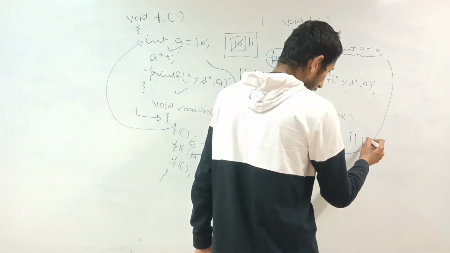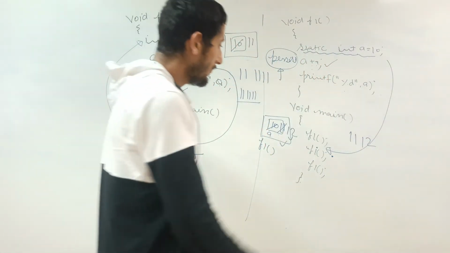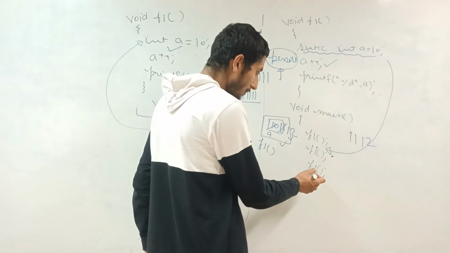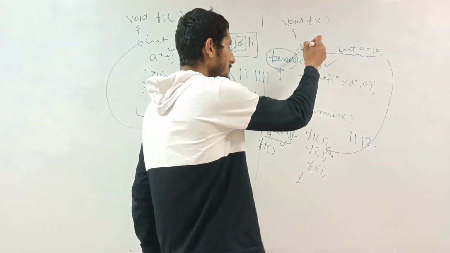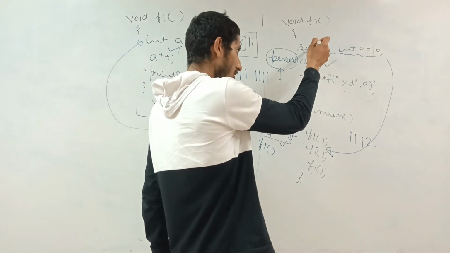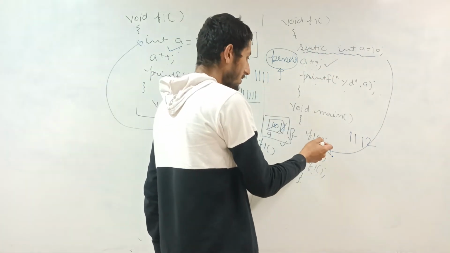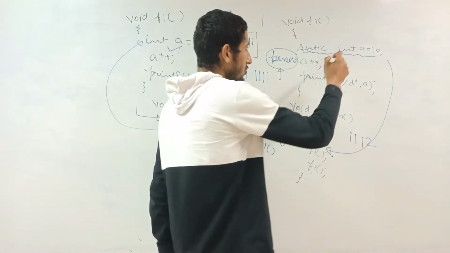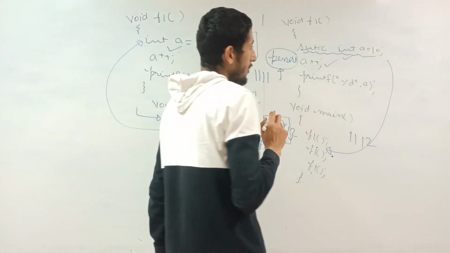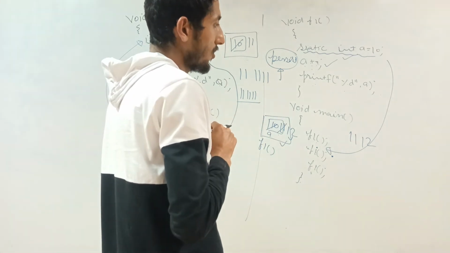I am again repeating, it doesn't mean we will print a here. We can't print a here because the scope is within the block. The value of a is known within the block only, but if you call it 3 times, it is not going to vanish. The value of a will persist among different function calls.